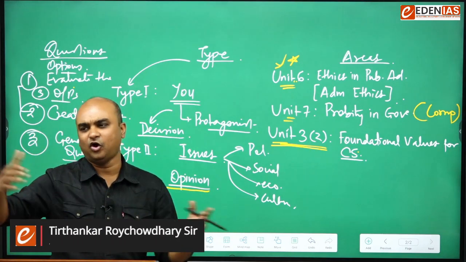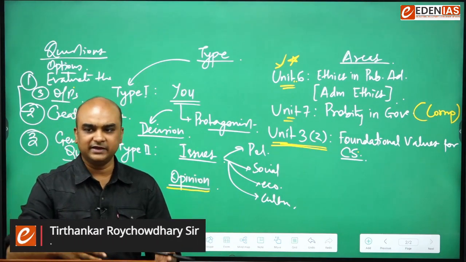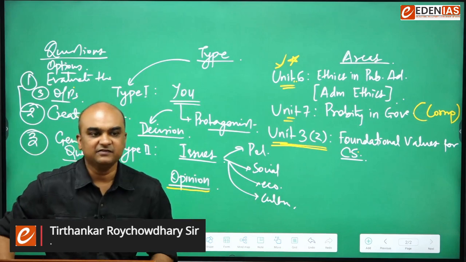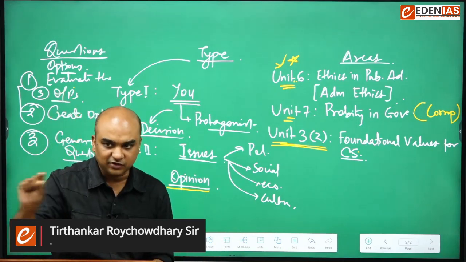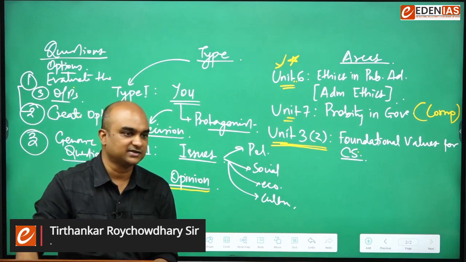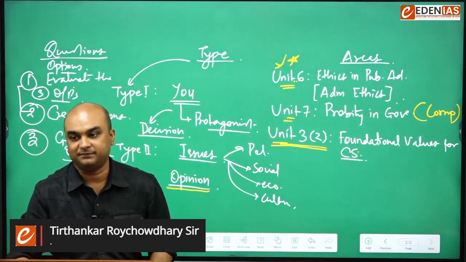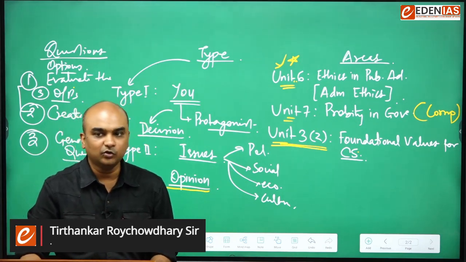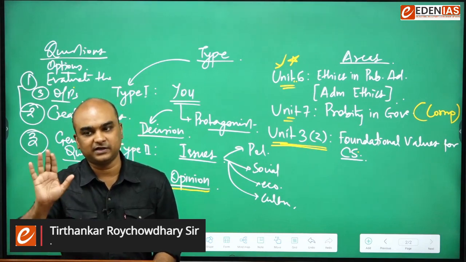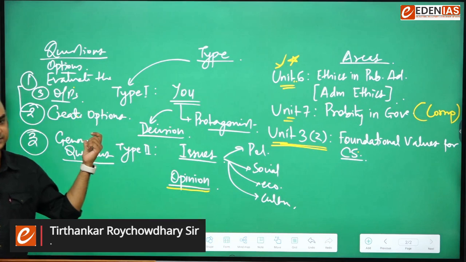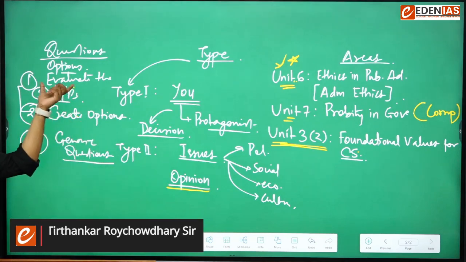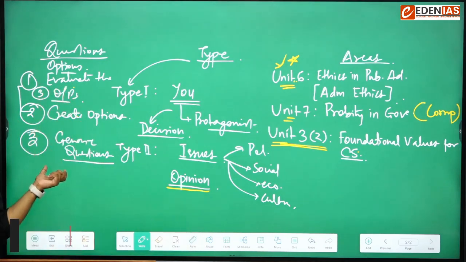Suppose I give a long case of a particular woman living in a certain part of the country facing all kinds of domestic violence and all of that. But later at the end of the case, this is the question that I ask. My question is, what are the steps that we can take to eliminate domestic violence from the country? Now that can be answered even without reading the case study question. So these are the three kinds of questions that you would mostly encounter.